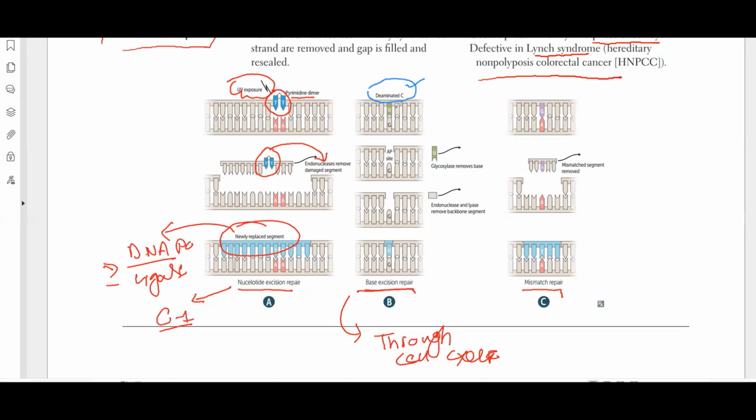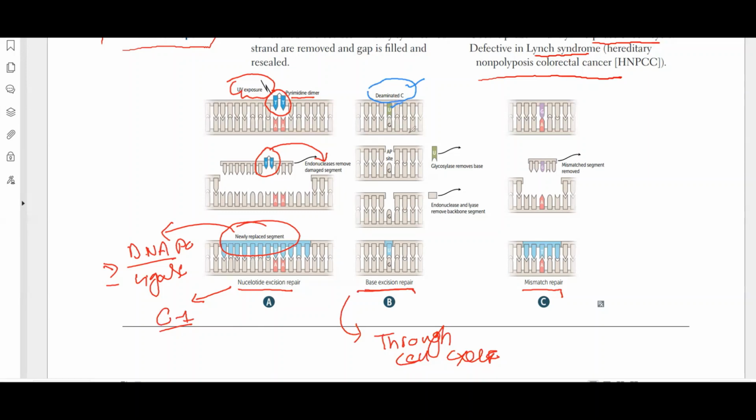Deamination of cytosine leads to the formation of uracil. Now I'm going to discuss cytosine deamination repair. Cytosine deamination converts the cytosine into uracil, and the uracil nitrogen base is present in RNA, so this is abnormal.